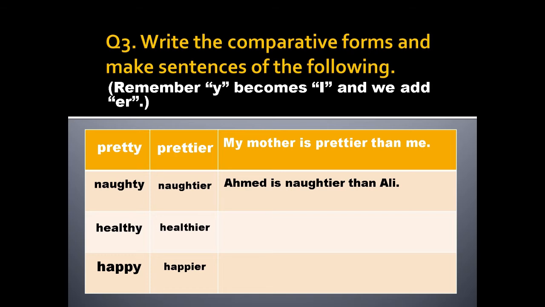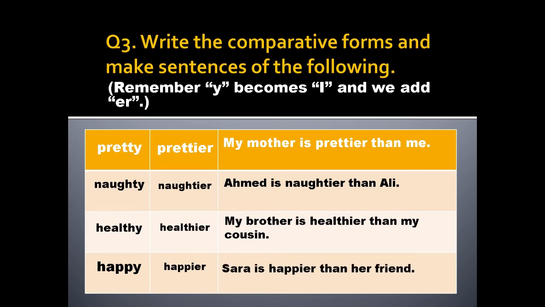Naughty, naughtier. Ahmed is naughtier than Ali. Healthy, healthier. My brother is healthier than my cousin. Happy, happier. Sarah is happier than her friend. So class, you have to do this question this way.